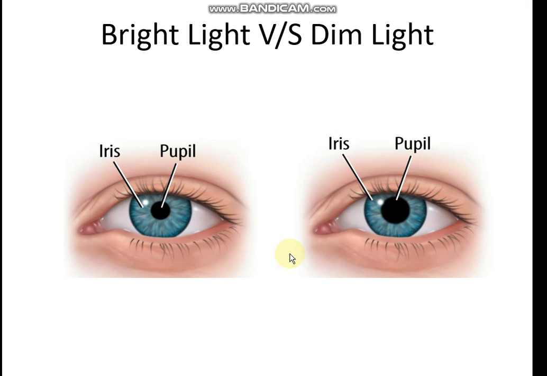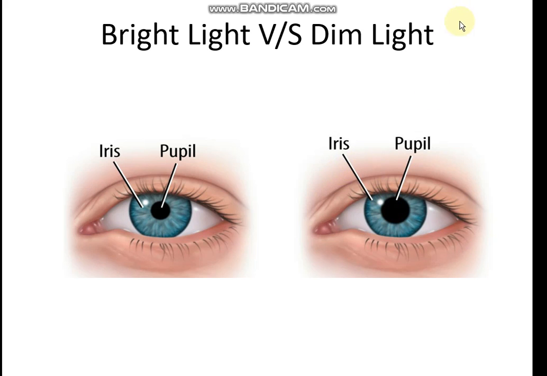Let's understand this with another example. This is the case of bright light, and here we have the case of dim light. When you compare the size of the pupil, you can see that in bright light conditions, the size of the pupil is decreased so that less light can enter and a focused image is formed, while in dim light, the size of the pupil is increased so that more light can enter.